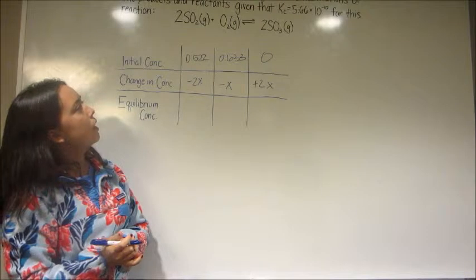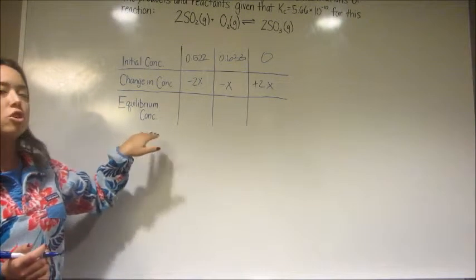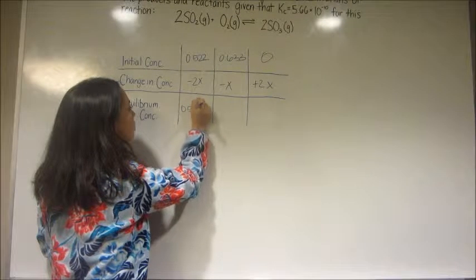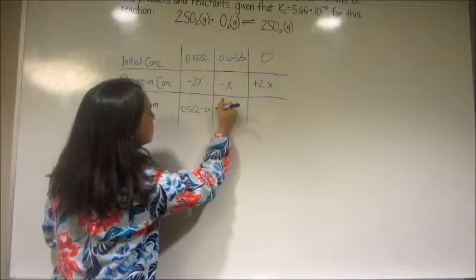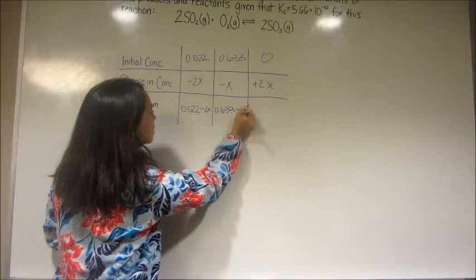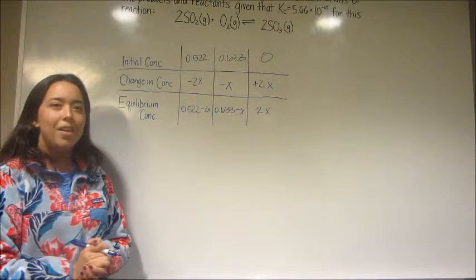And then we combine these to find our equilibrium concentration, which will be 0.522 minus 2x, 0.633 minus x, and 2x. And that is how you set up your ICE box.